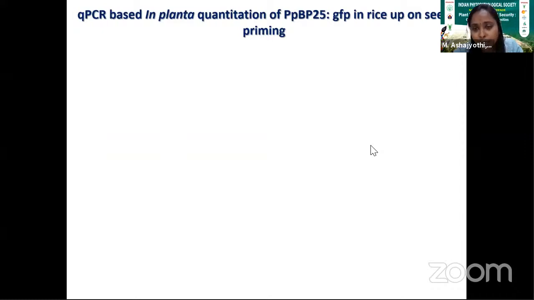In RT-PCR based absolute quantification, we found that after 7 days of treatment, the internal population increased with the increasing external concentration of bacteria applied to the seedlings. But after 14 days, the internal population was regulated or stabilized, unlike with pathogens. This shows the clear-cut difference between pathogen and endophyte: an endophyte can regulate its internal population, while pathogens cannot regulate it and cause damage to the plants.